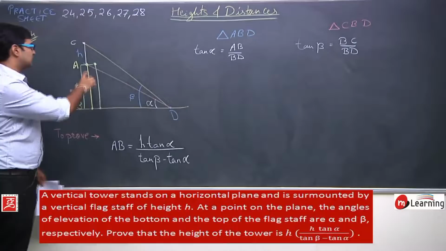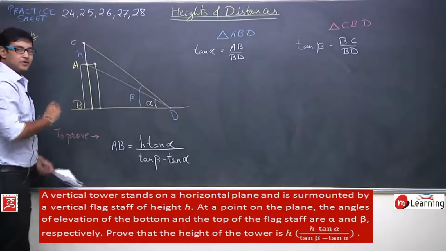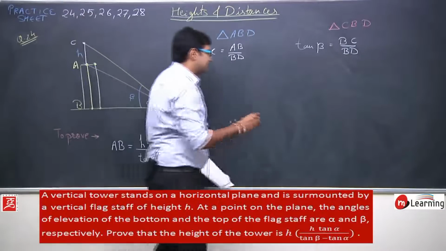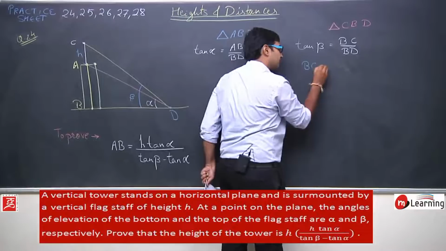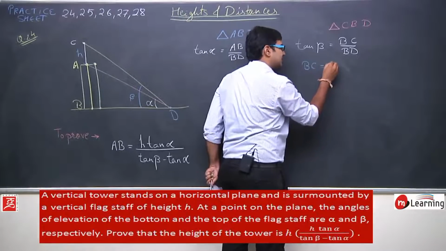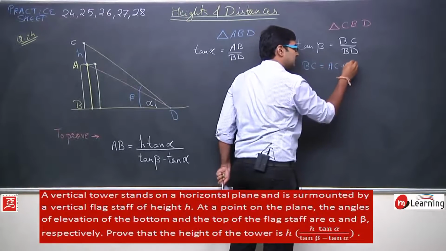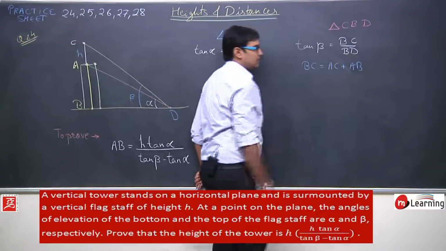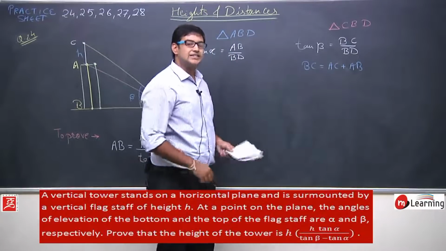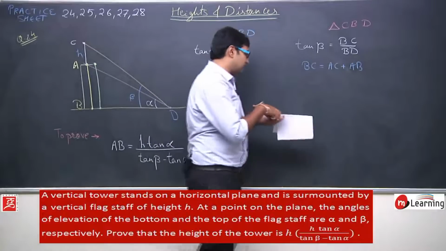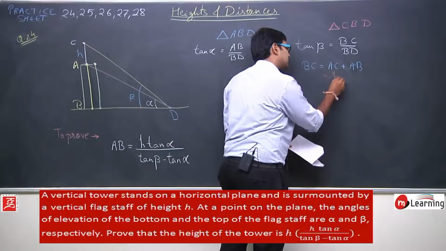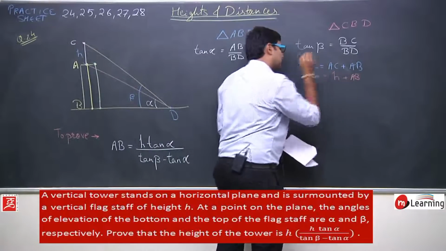But please observe what BC is. BC is basically AC plus AB. And AC is the height of the flagstaff, which is given as H, so BC is H plus AB.